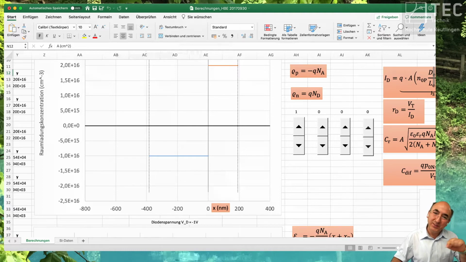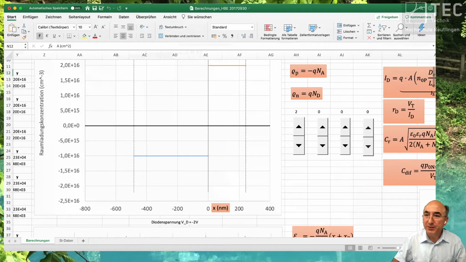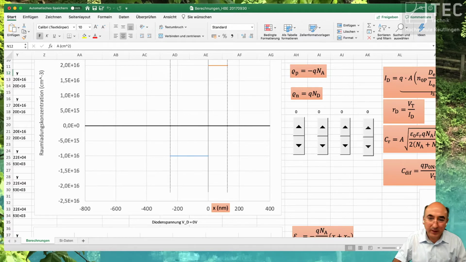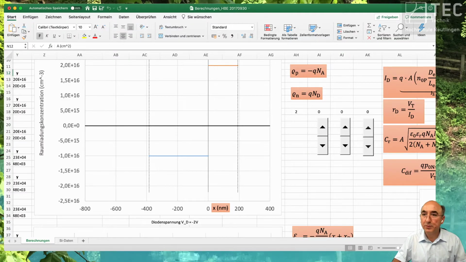So if we give there a value, 2 volts, it represents a negative applied voltage. If you see, clicking here down, we get 0. We have the equilibrium, and if I click the up arrow, we apply 1, 2 volts negative voltage.